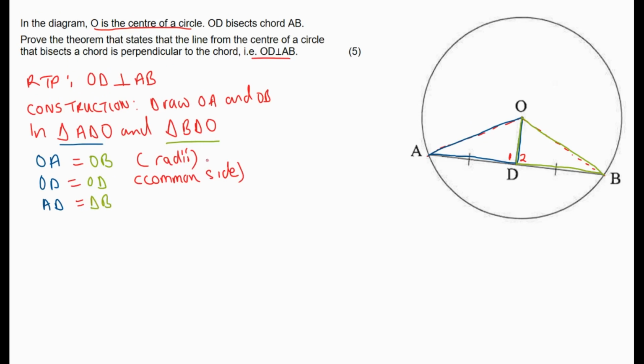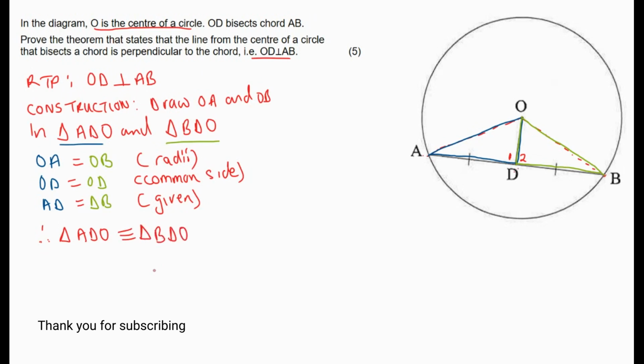And then the reason you write, you say we're given that AD is equal to DB, because this line OD is from the center to the midpoint of AB, to the midpoint of the chord. So AD is equal to DB. So this is given. Right, we've managed to prove that triangle ADO is congruent to triangle BDO. And then the reason we write, we say side, side, side. So that's why these two triangles are congruent.